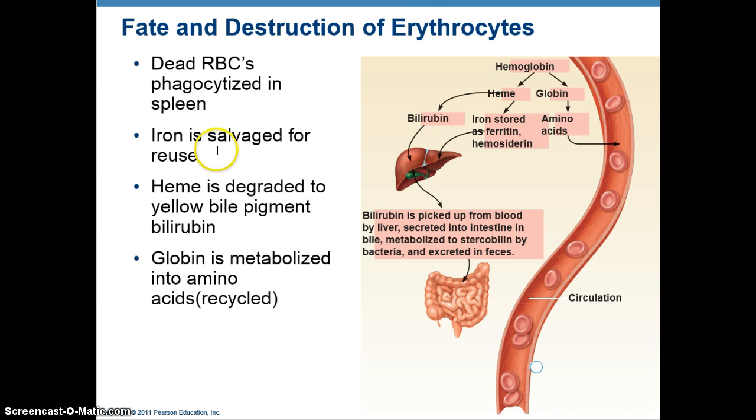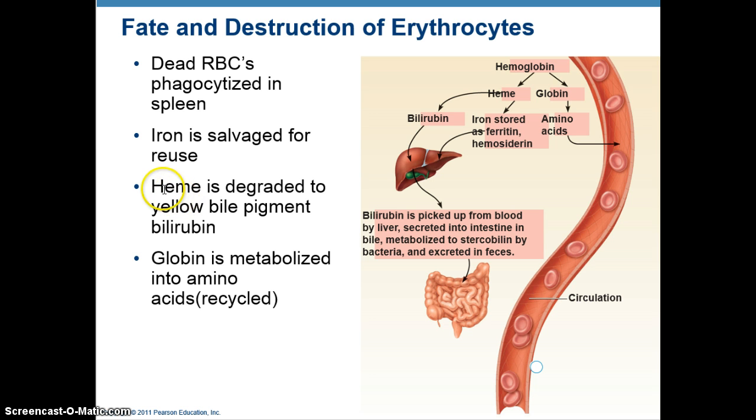The iron is salvaged, it's sent over to the liver, and then it's stored there until more heme is made, or more hemoglobin. The heme, or pigment portion of the hemoglobin, is degraded into a bile pigment called bilirubin. That also happens in the liver, which produces bile.